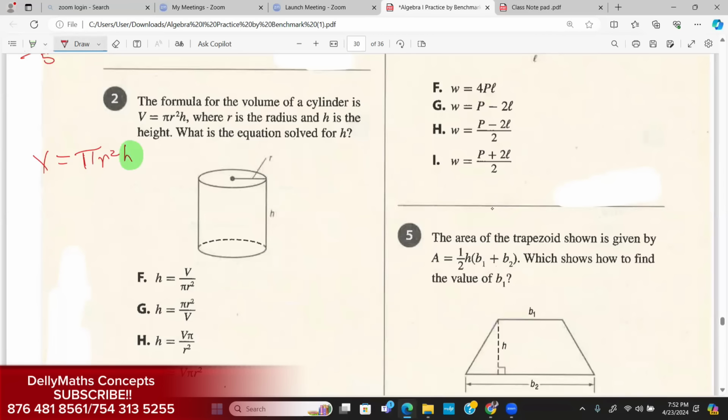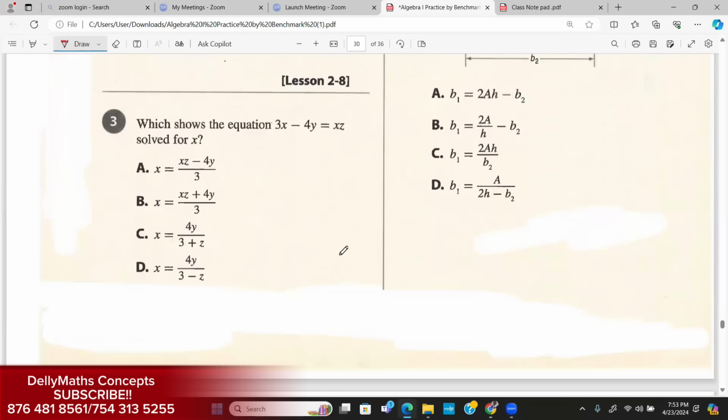Everything here is multiplying, which means that the inverse of multiplication is to divide. So I'm going to divide by the things I don't want, which is pi r squared. Pi r squared cancels itself. So you could see h is equal to V over pi r squared. So that answer right there is at F. There we go. Let's go for the third question.